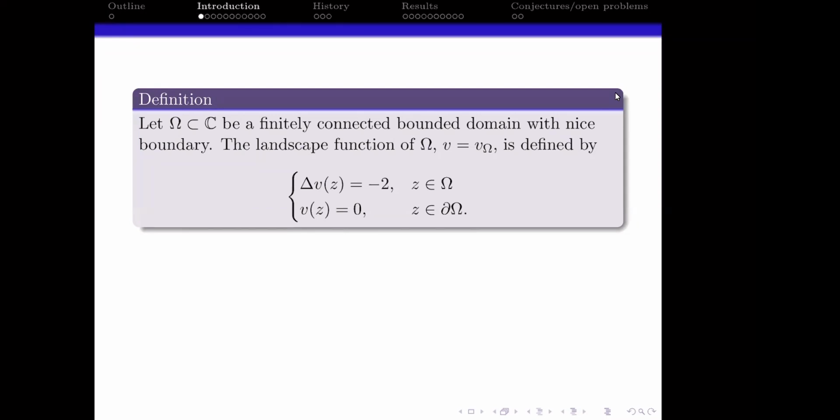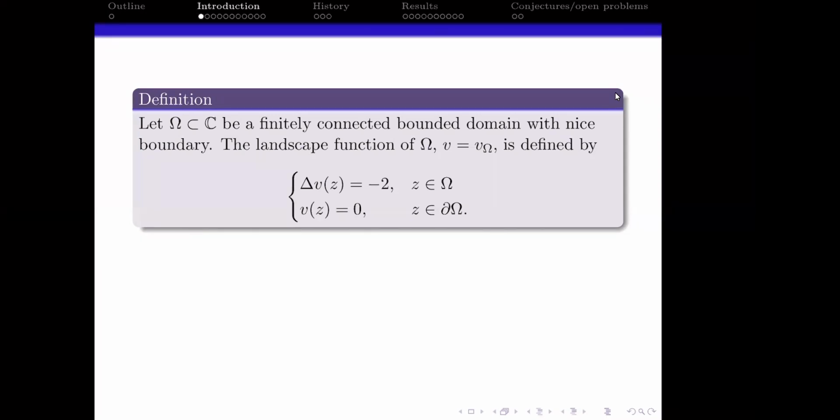Let's define this well-known function, called the landscape function of omega. It's a function v which satisfies Laplacian of v equals -2 in the domain, and v is 0 on the boundary.